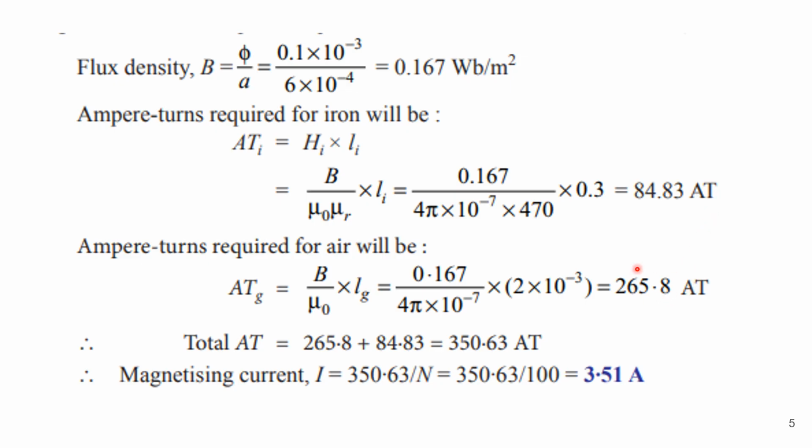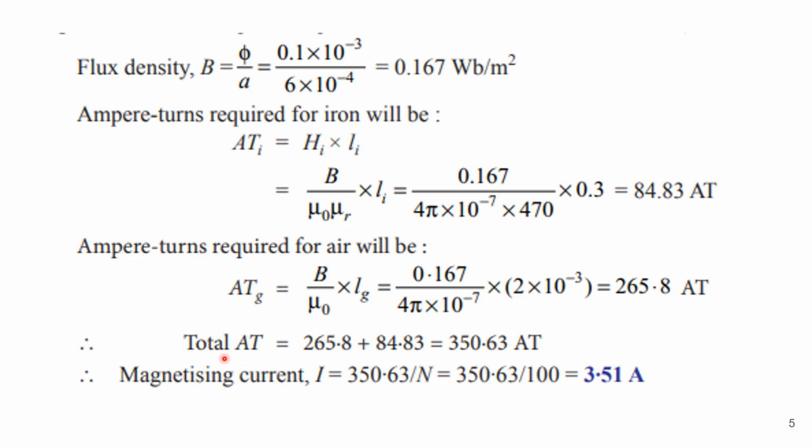Why is this value so high? Because the reluctance of the air gap is more than that of iron. Because mu r here is 1, the reluctance value is higher in the case of the air gap. That's why the ampere turns required for the air gap is more.